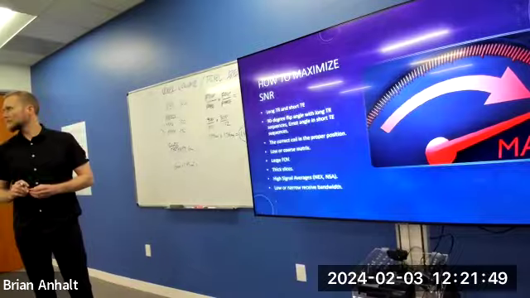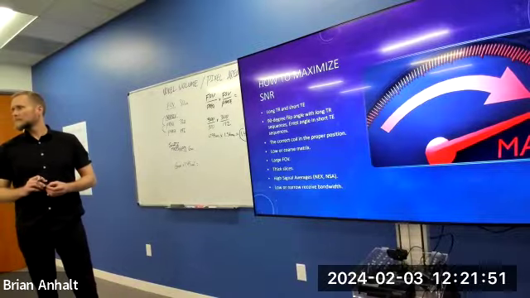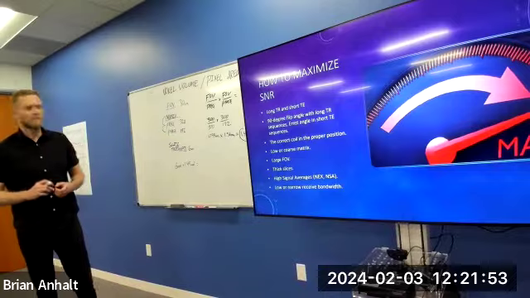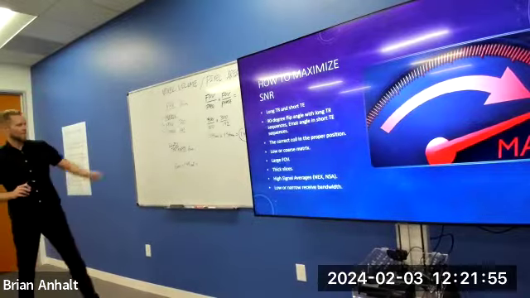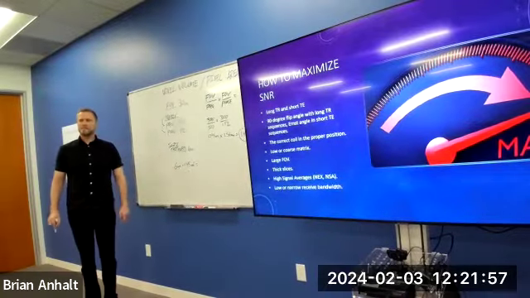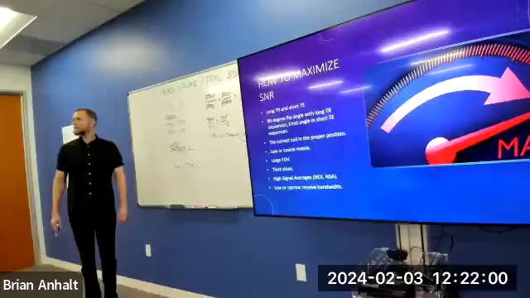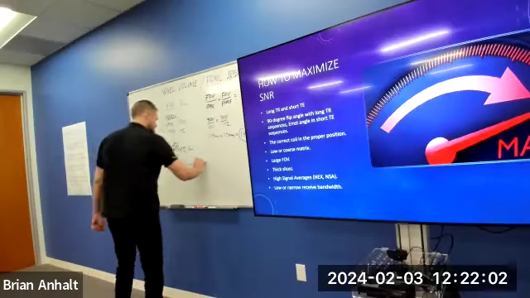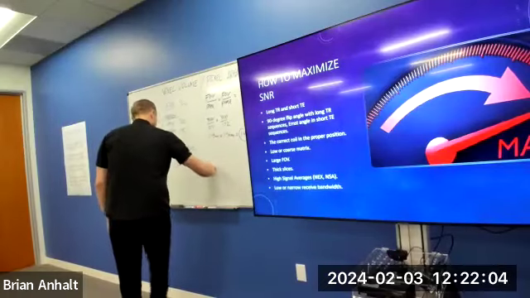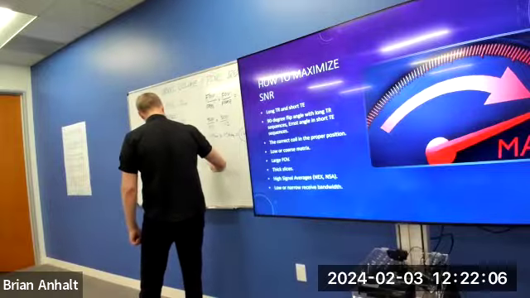What is it? There's two numbers multiplied together. 8.7. 8.7, and that's millimeters cubed, right?